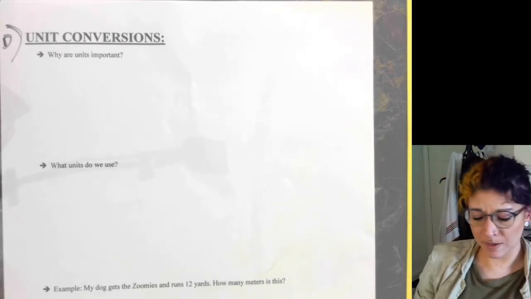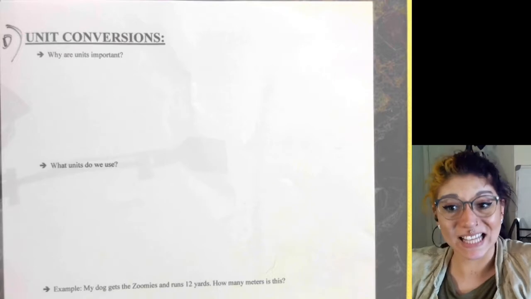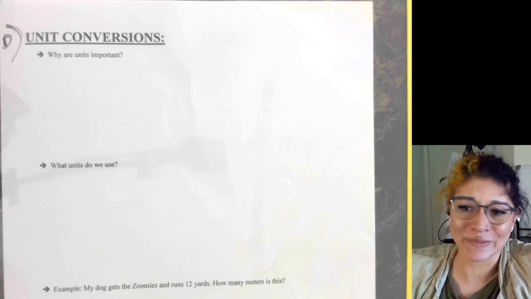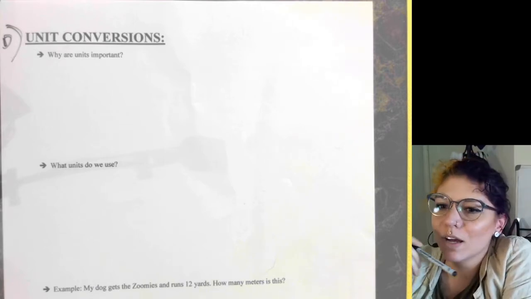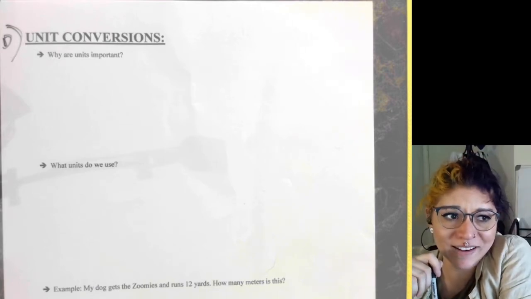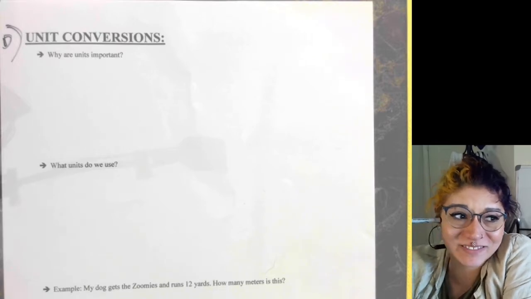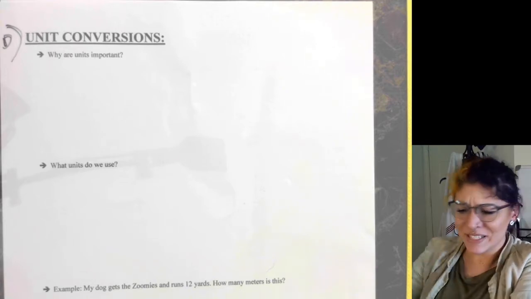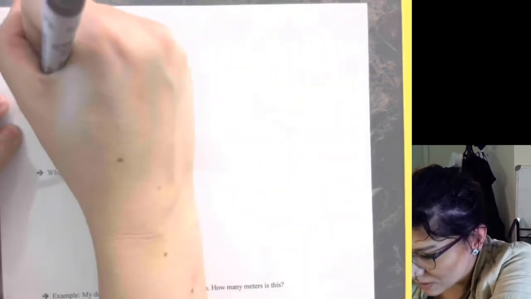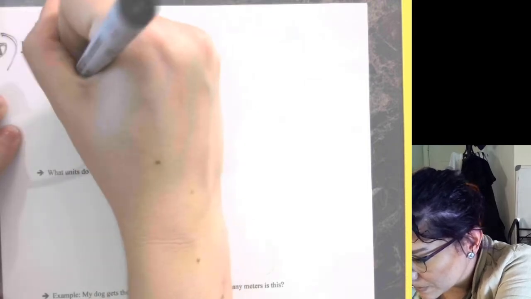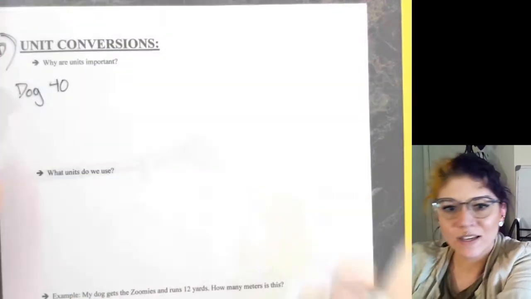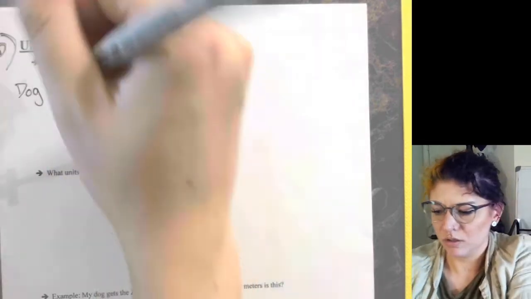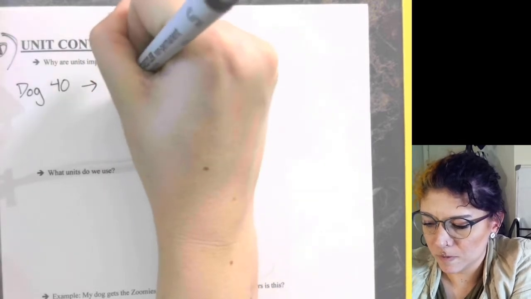So first, I know we briefly touched upon this in the last video, but why are units important? I hope that what you're thinking is that, so we can have a common language, right? Thinking about actual measurements. Let's say I tell you my dog is 40. 40 what? 40 years?